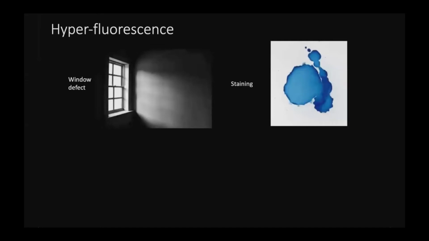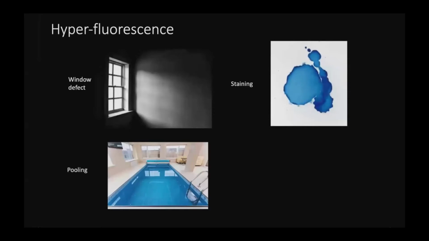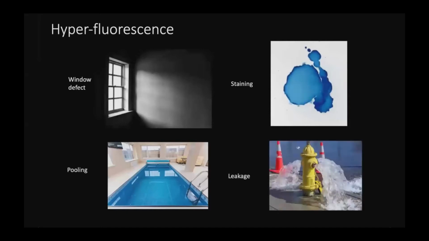Staining occurs usually with a scar and is a slow accumulation of the dye. Pooling is an accumulation of the dye within a contained space, such as PED or subretinal fluid. And leakage is leakage of fluid out in a less organized way due to leaky blood vessels that we see in macular edema or neovascularization.